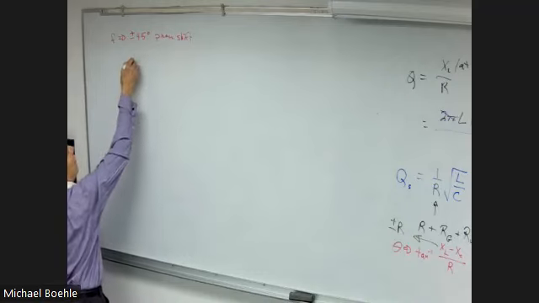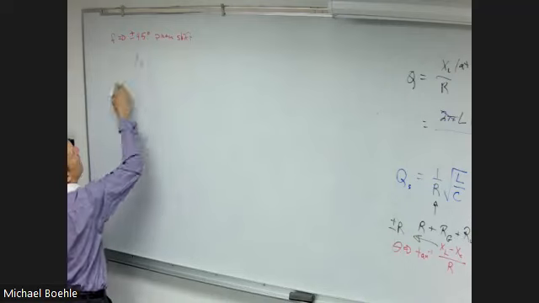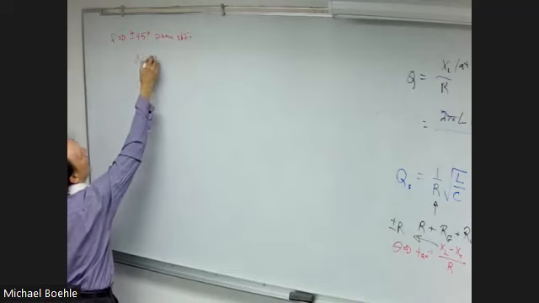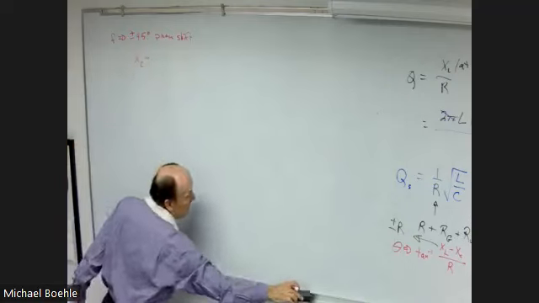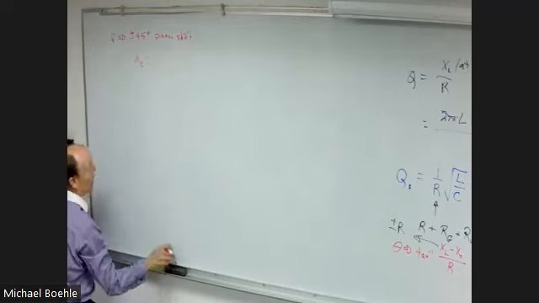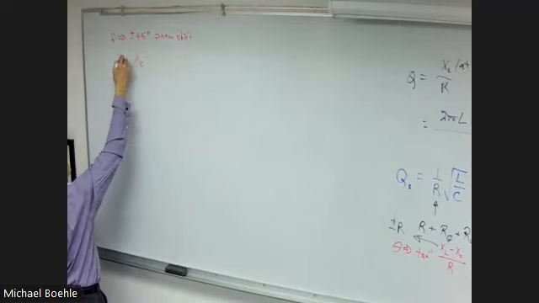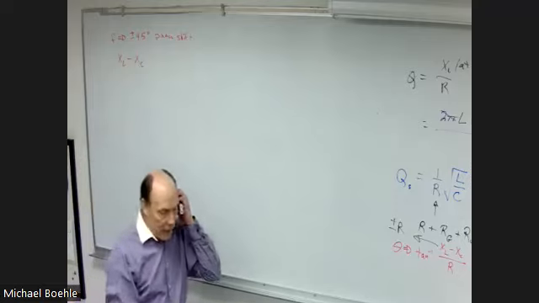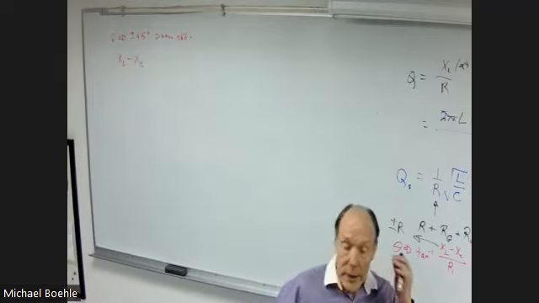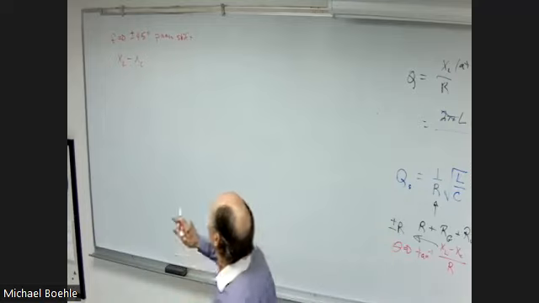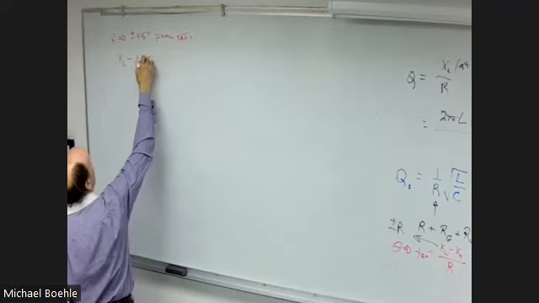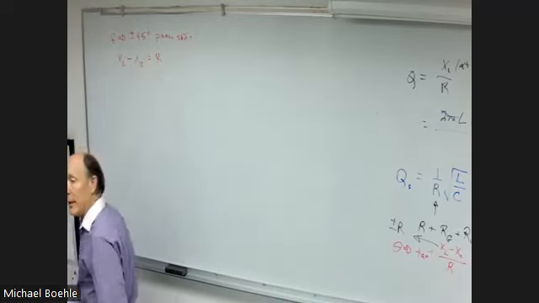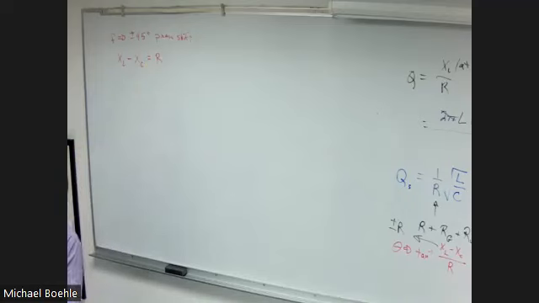So that occurs when the capacitive reactance minus, we'll go ahead and do it the other way, inductive reactance minus capacitive, it doesn't matter. It'll solve either way. When that magnitude equals R, that's what I'm looking for.